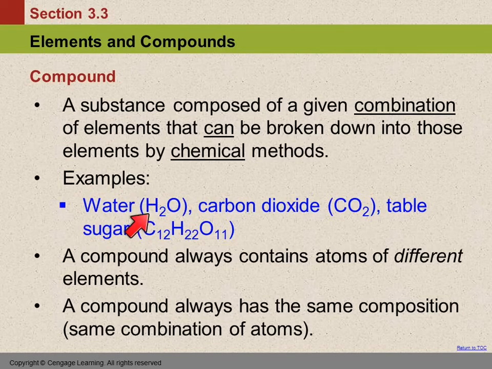Each element has a symbol, and each of these symbols has one capital letter. You notice some of them have one letter, some have 2. Like here's bromine. It's got 2 letters. The first letter is always a capital. If there's a second, it's always lowercase. So if you look at the formula and you see 2 or more capital letters, it's got to be a compound because there's more than one element.